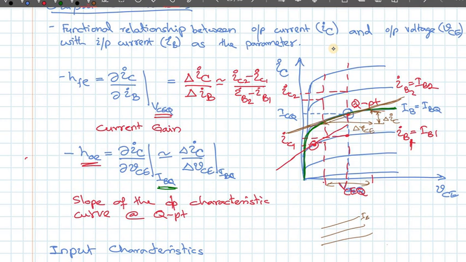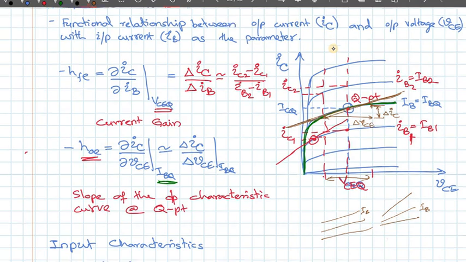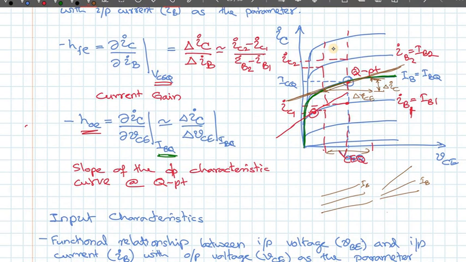But you see, a lot of the time these slopes change with different IB values. So therefore, the output conductance also changes with that. Likewise, because of the curvature of the graph, different locations will have different curvatures.